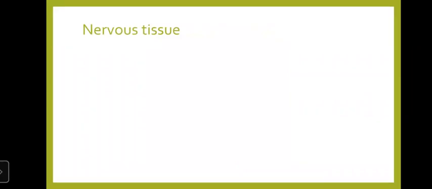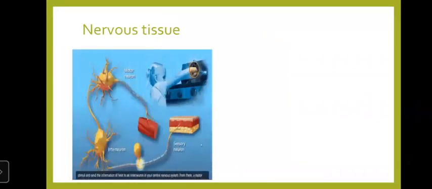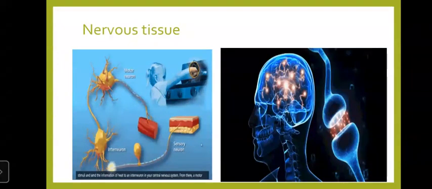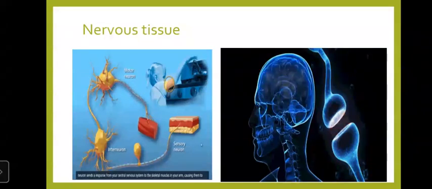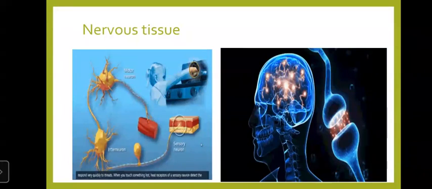The next topic is nervous tissue. Now, in which part of our body do we find the nervous tissue? We find the nervous tissue in our entire body. Brain is a major center of nervous tissue. It is made up of the nervous tissue, and its branches go into our entire body.